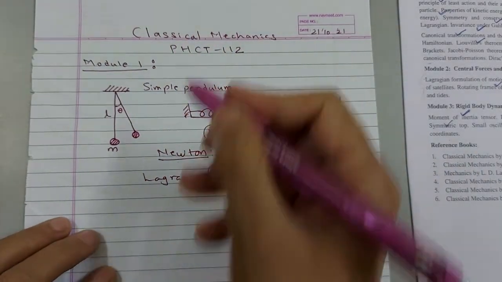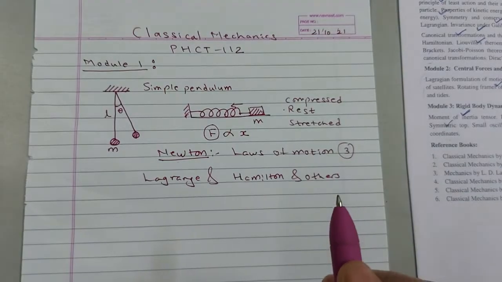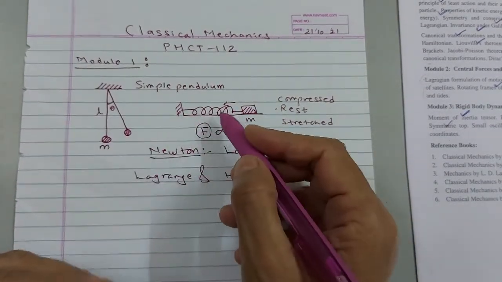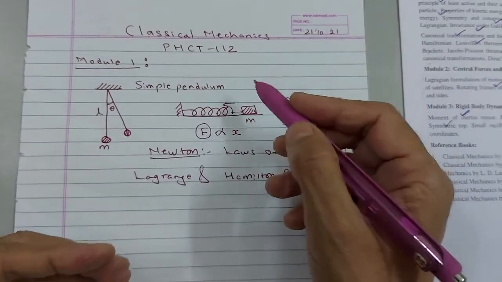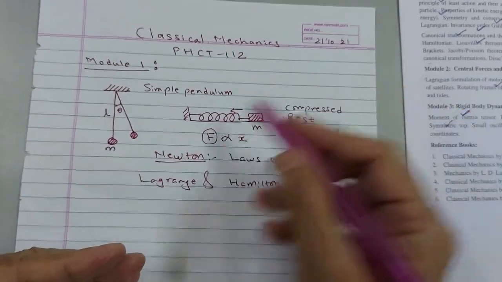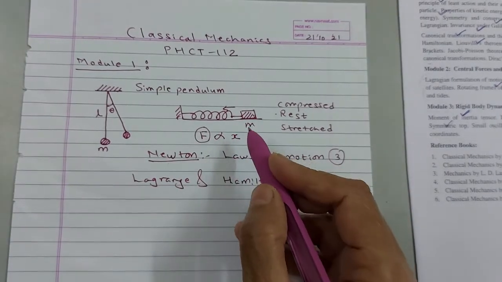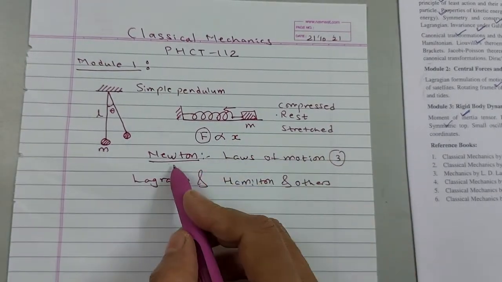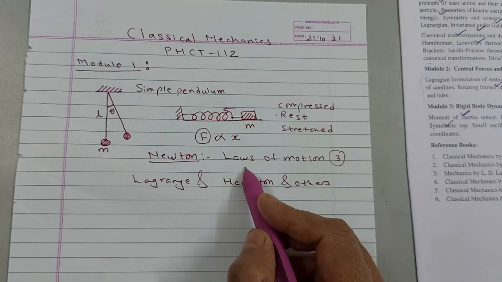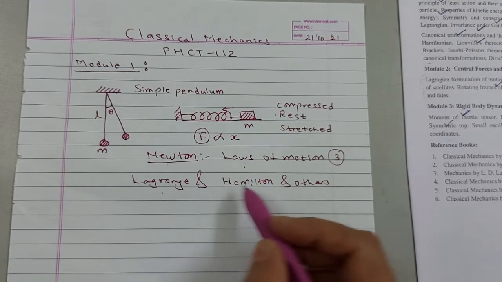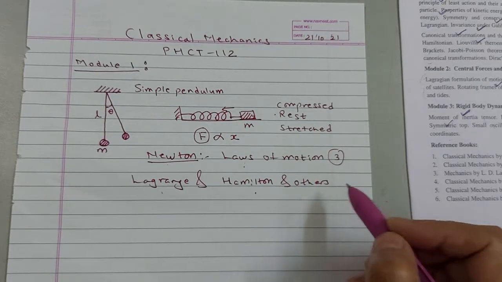You should know why it is named classical mechanics: because here we observe the motion of a system or physical objects in motion, with simple examples like this, and everywhere we need to use Newton's laws and a little more advancement by the scientists Lagrange and Hamilton and a few others.